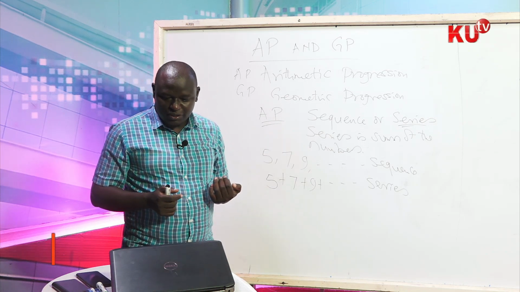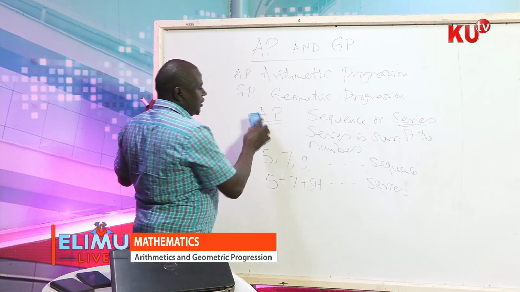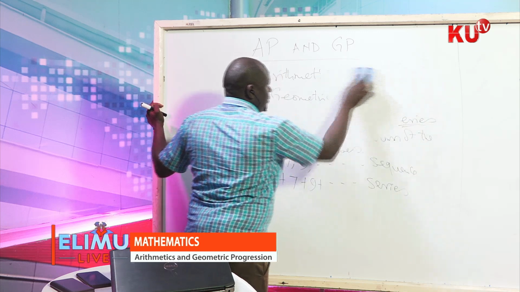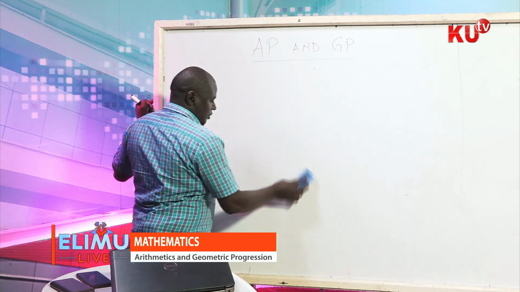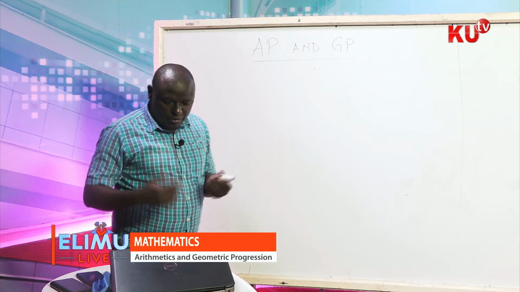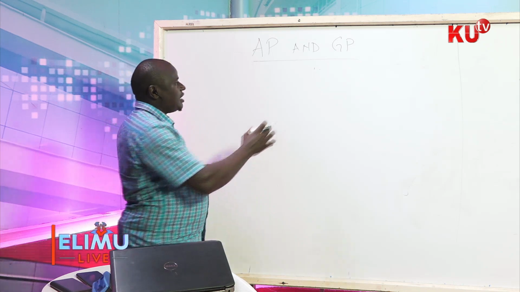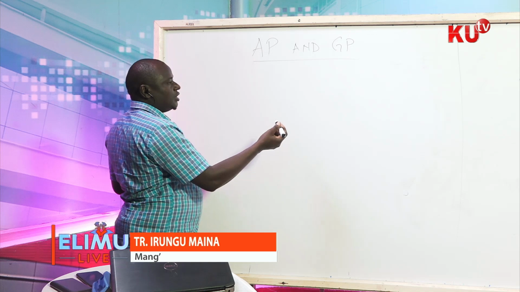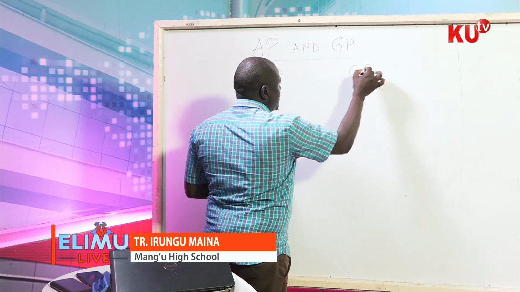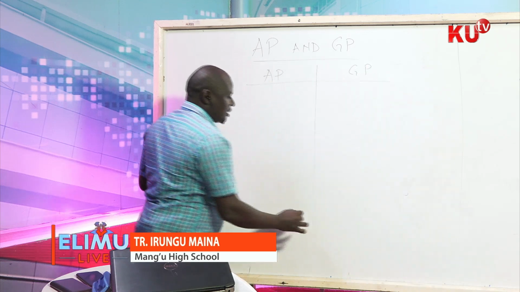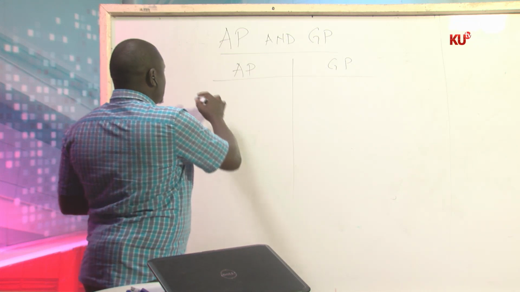We bring a comparison, and then from there we can focus individually on each of them, because when we bring out this difference, it will take us a long way to help us understand. If we have an AP this side and GP this side, you can see the table well differentiated.